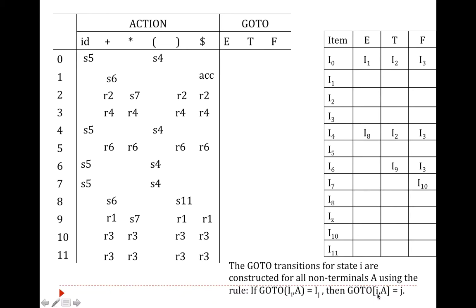Similarly, from 0 with the input T, it will go to the state 2. From 0 with the non-terminal F, it will go to the state 3. So these are listed here. On the same line, for I4 it will be 8, 2 and 3. Then for I6 it will be 9 and 3. And for I7 it will be 10.